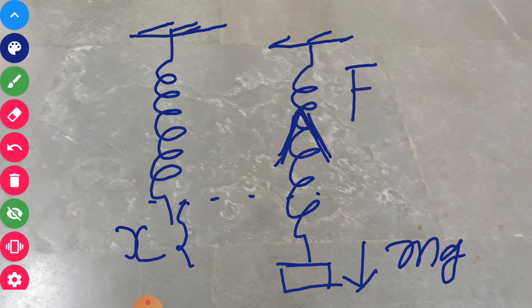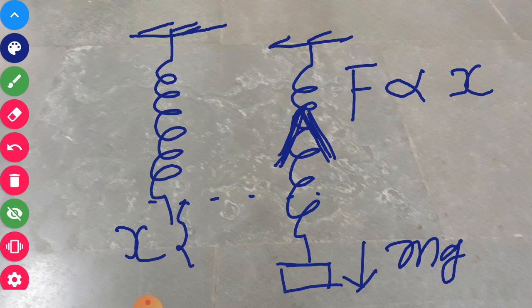F is found to be directly proportional to its extension or compression. If you compress the spring, the restoring force will be outward, trying to bring the spring to its original length. Here also this restoring force is in the upper direction, and it is found to be directly proportional to the extension.